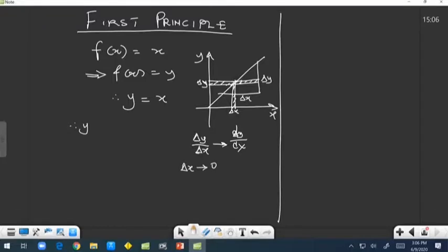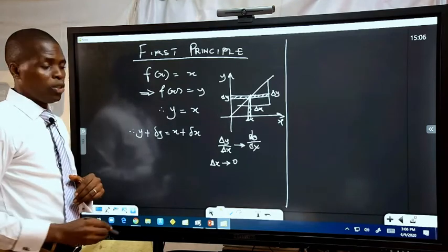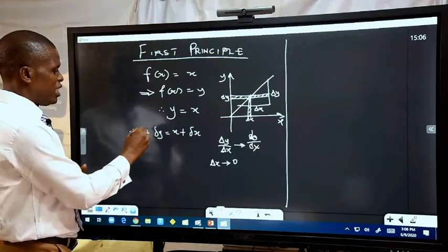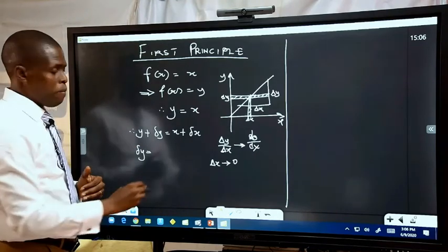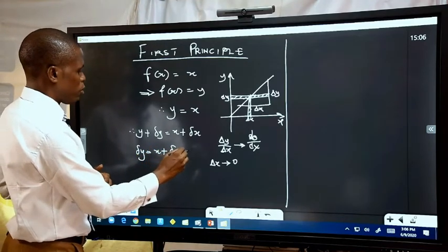So y plus a small change in y is equal to x plus a small change in x. We have this expression. That is a gradient function. We can make the small change in y the subject of formula, and that is equal to x plus small change in x subtract y.